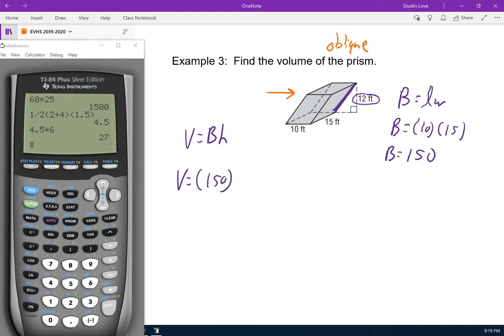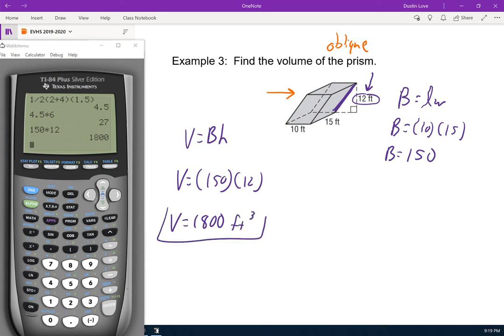Now the height we already talked about, we're going to use this 12. So 150 times 12 is 1800, and our units are feet cubed. Remember, we're doing cubed on everything here, or all of our units for volume.